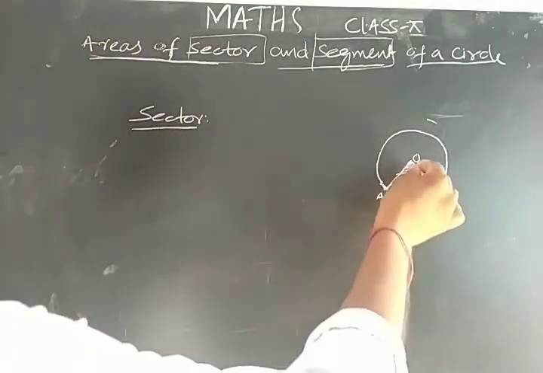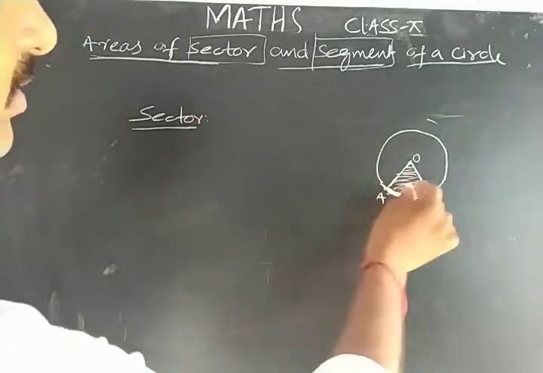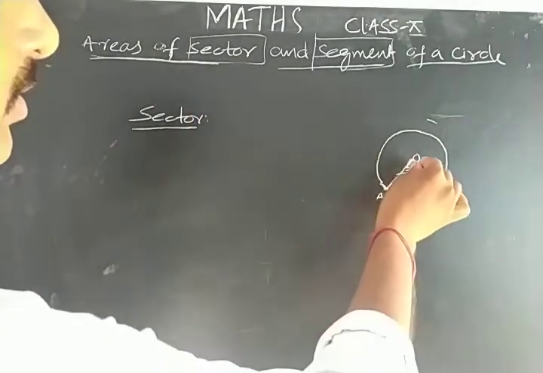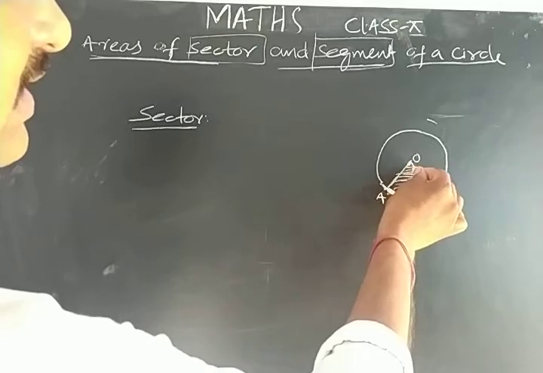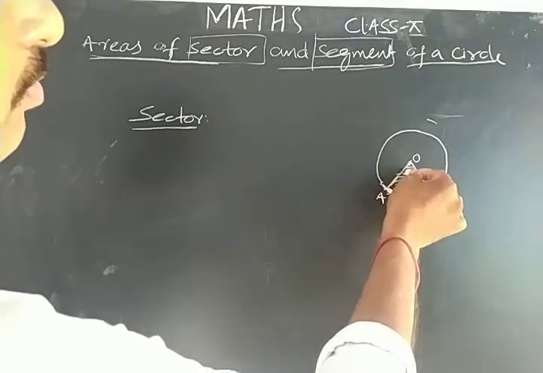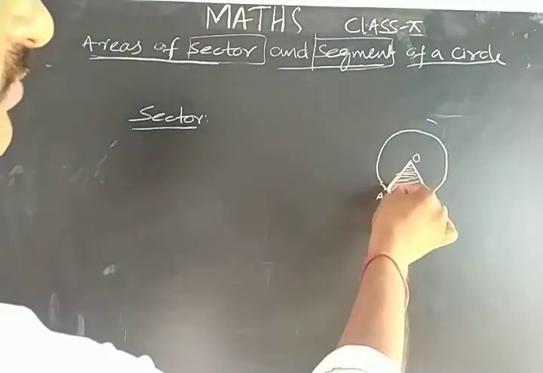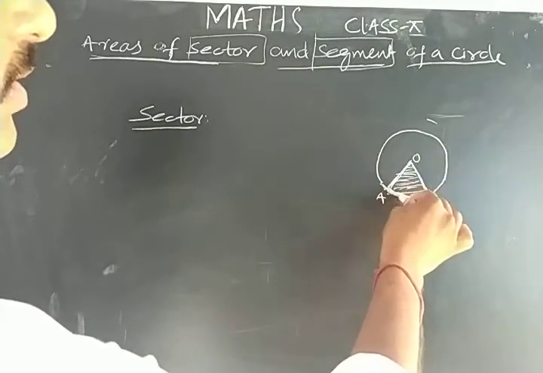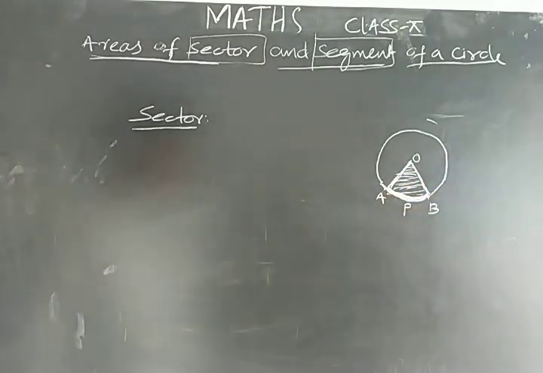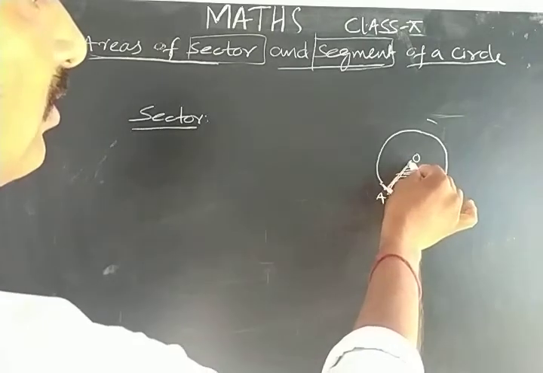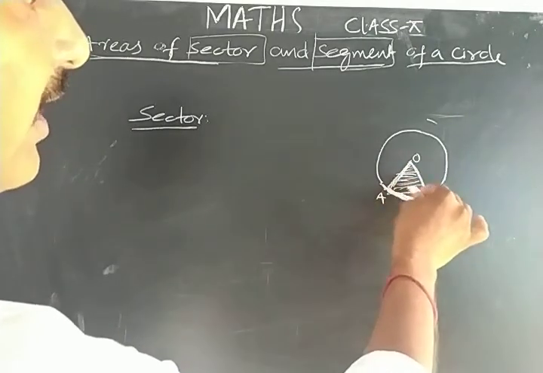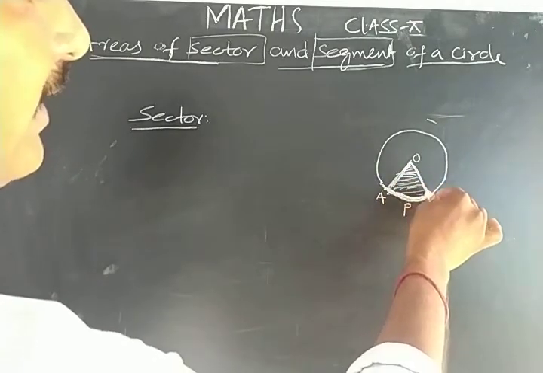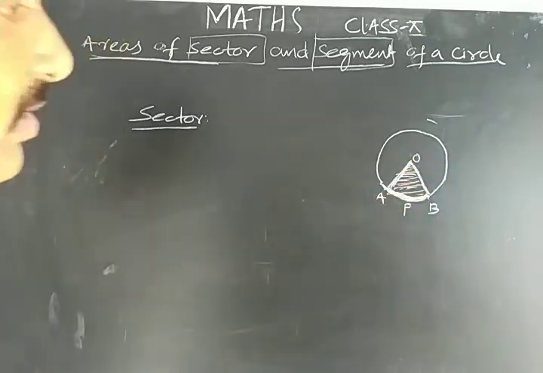Now how to define the sector? The circular area bounded between two radii and arc of the circle is known as sector.